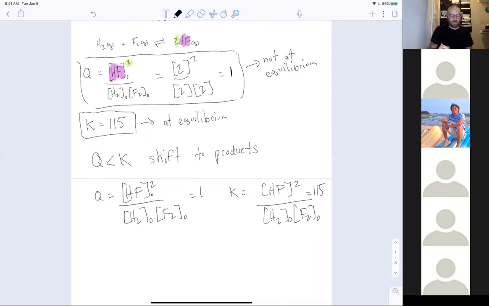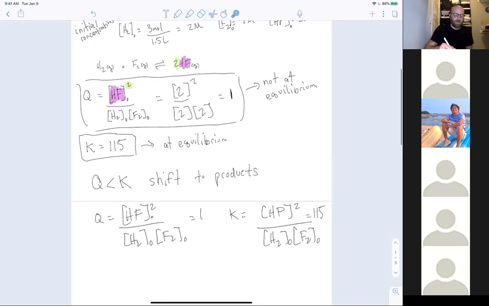There's a relationship there as well: as you form more products, that consumes reactants. When I say it, it sounds almost obvious, but it's kind of hard to tie all these things together. It's just saying that the HF gas that I form in this reaction has to come from somewhere, and it comes from consuming H2 and F2.